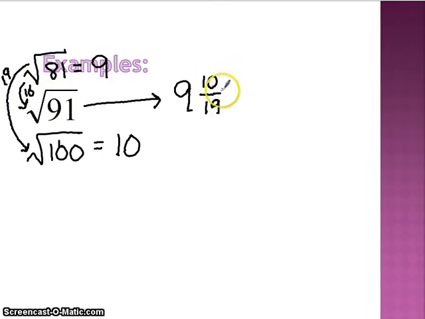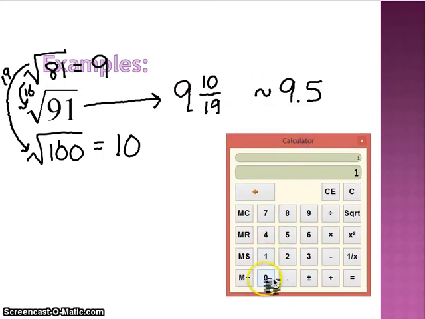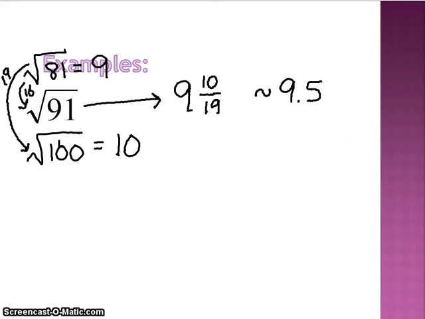I know that 10/20 is a half, so this is about 9.5. If you used your calculator, you would see that it would round to 9.5. 10 divided by 19 equals 0.52, and the 2 would keep the 5 the same, 9.5.